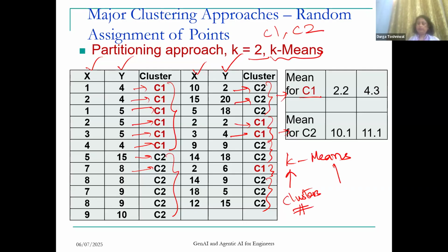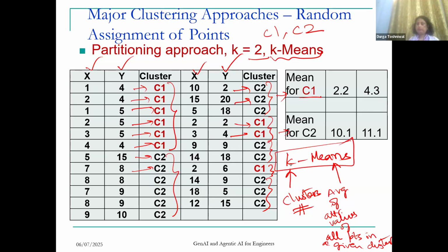And means identifies the average of the attribute values of all points in a given cluster. Hence, the name is k-means.